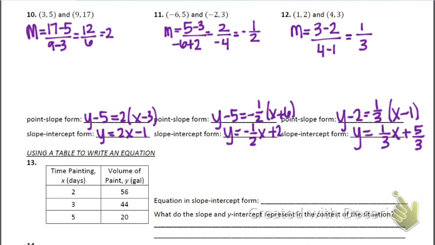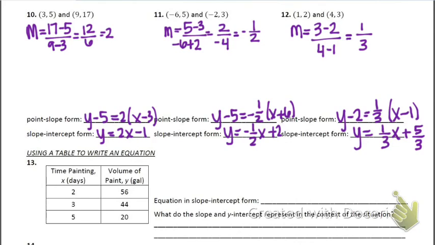In number 11, I got negative 1/2 as my slope, and I plugged in the point negative 6, 5. So that gave me y minus 5 equals negative 1/2 times x plus 6. When I distributed the negative 1/2, and then I added 5, I got y equals negative 1/2 x plus 2. Okay, so we should be okay on those?